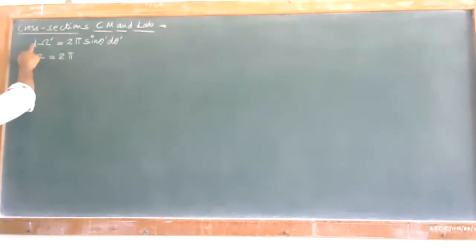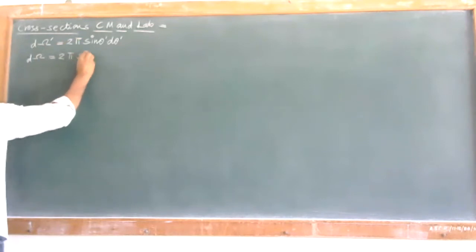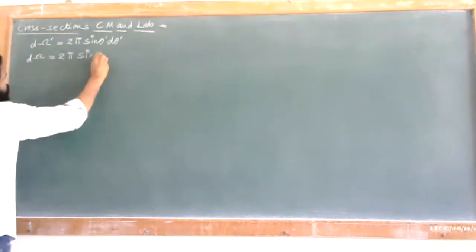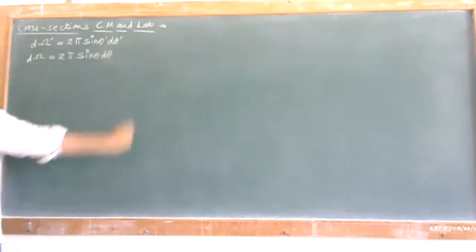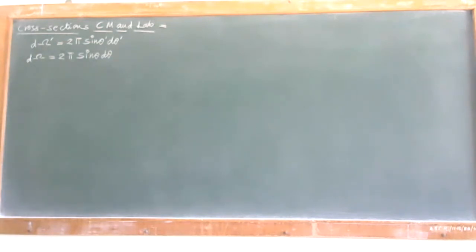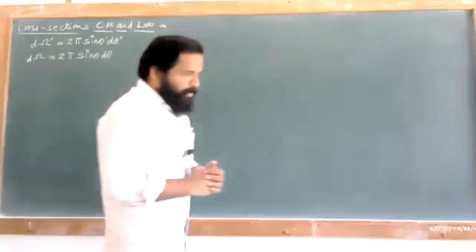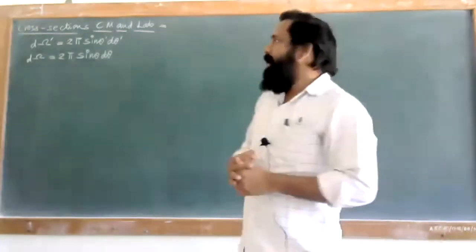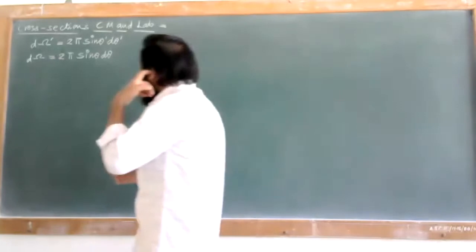So we can have two terms, d omega dash in terms of the center of mass frame, d omega in terms of the laboratory frame, and that must be equal to 2 pi sine of theta into d theta. Okay, so we have already seen the symbols. Theta is for the laboratory frame, whereas theta dash is in the center of mass frame.